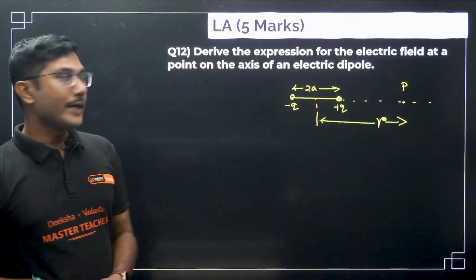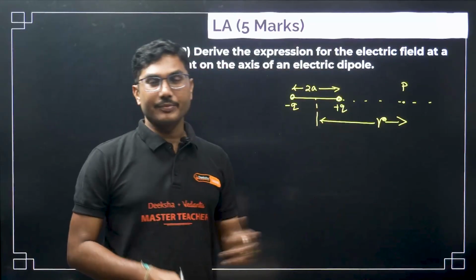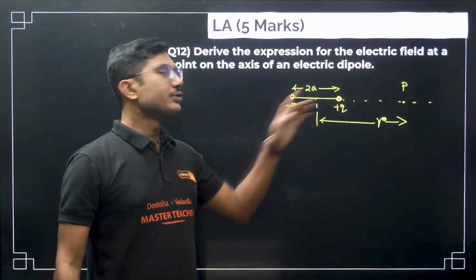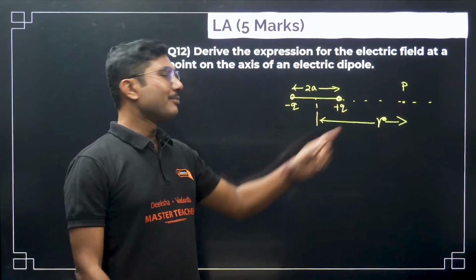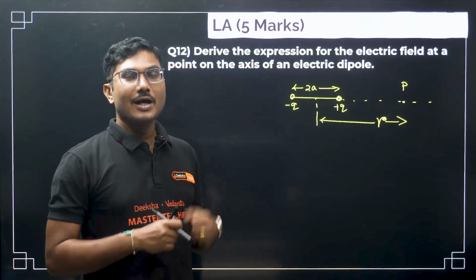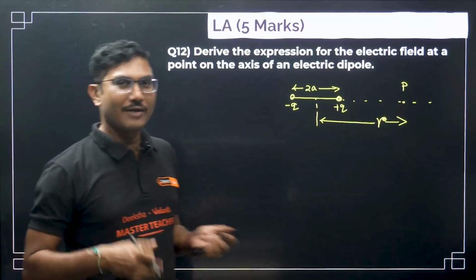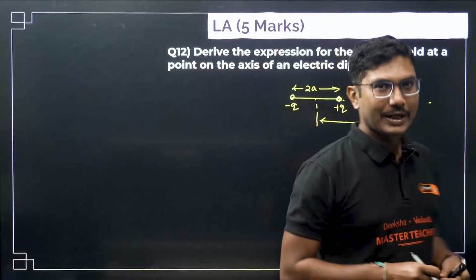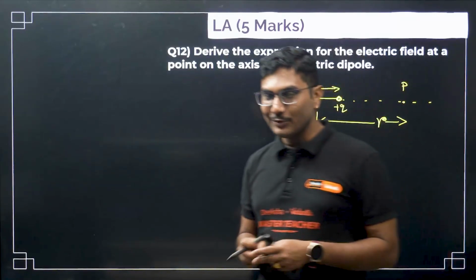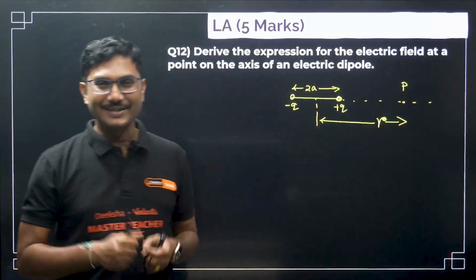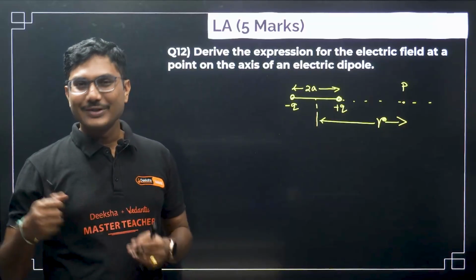Now why do we take the distance from the center of the dipole? Because there are two charges, and each of them will fight with each other: measure the distance from me, measure the distance from me, like two siblings. If you have a brother or sister, you will know that whenever something new happens in the house, both of you fight: give this to me, give this to me.